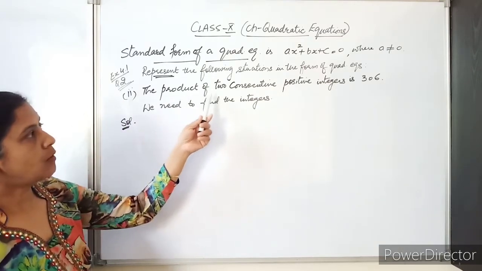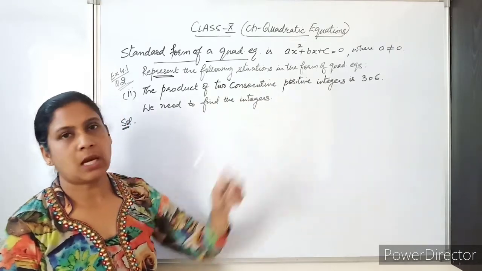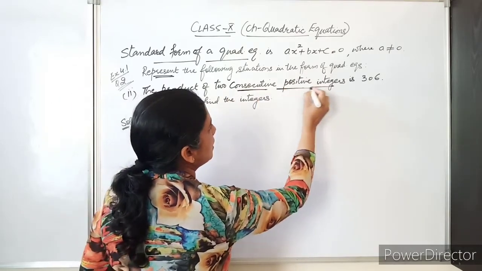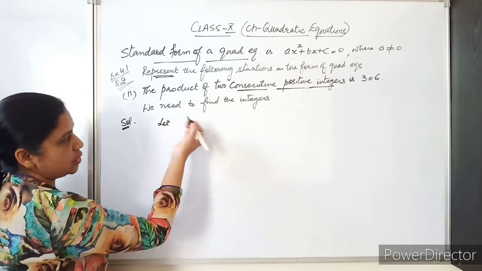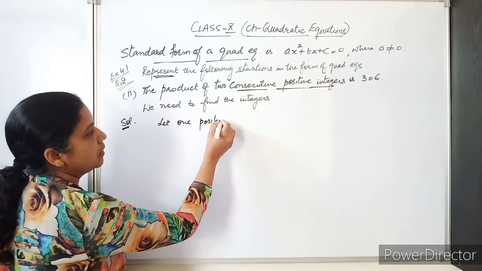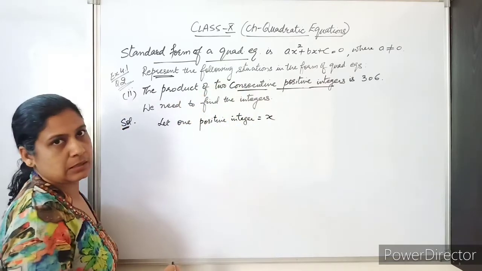The product of two consecutive positive integers is 306. I'll stress on these two words, consecutive and positive, and it has to be an integer. So let one positive integer be equal to x.